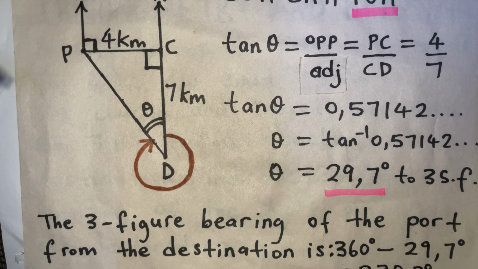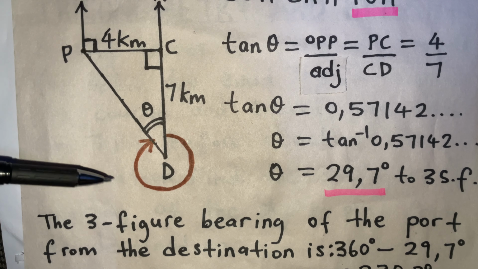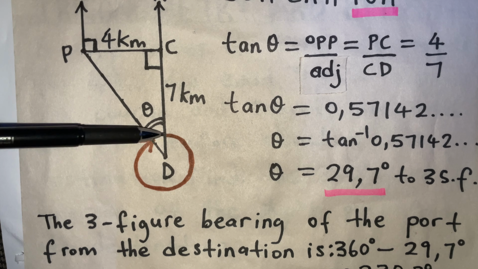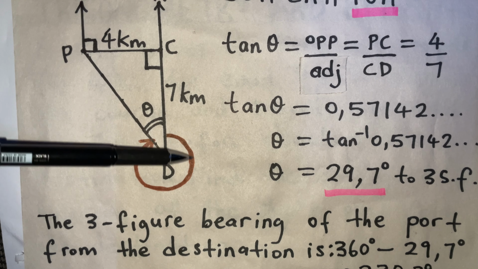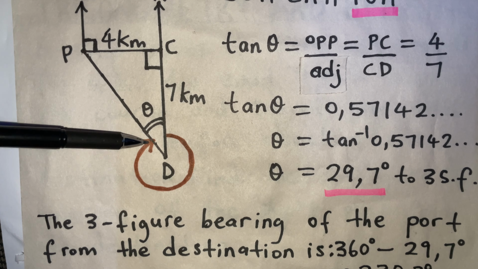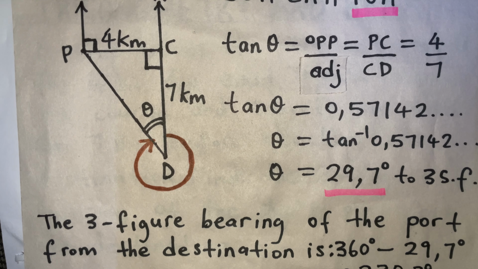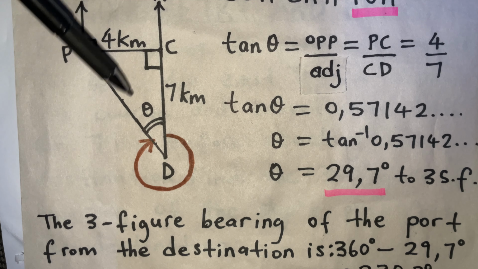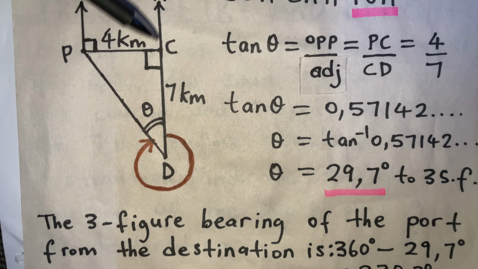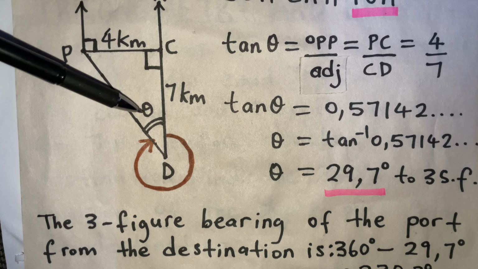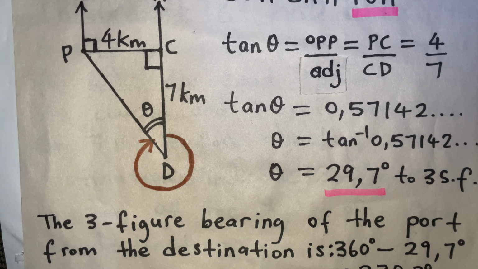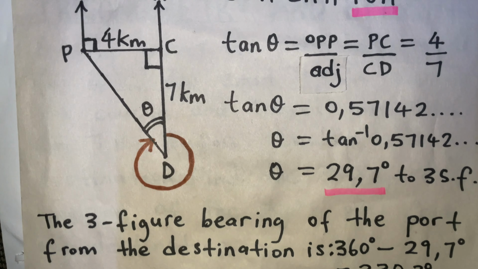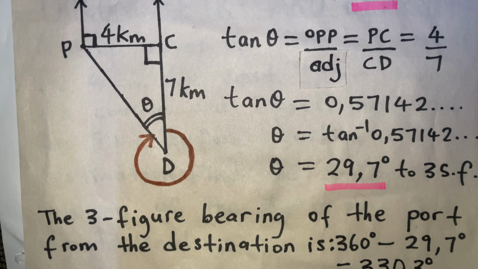Why do I want to find this theta here? Because for me to get this angle here, which is my three-figure bearing of P from D, I must first of all find this acute angle and then subtract it from 360 degrees, which is equal to 1 revolution.